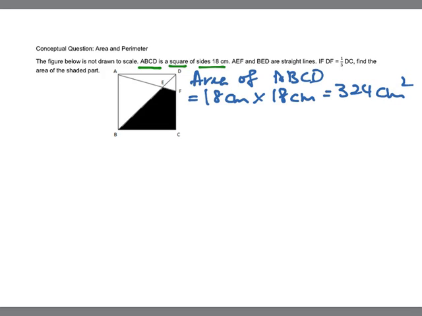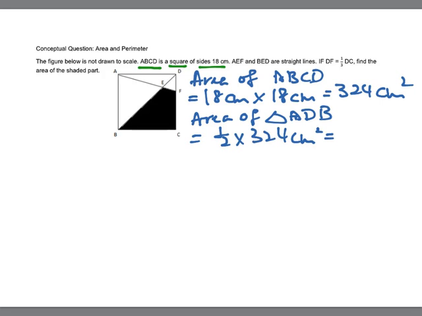At the same time, find the area of triangle ADB, which is half of this whole square. So it's equal to half times 324 square centimeters, which is 162 square centimeters. So we established these two areas.